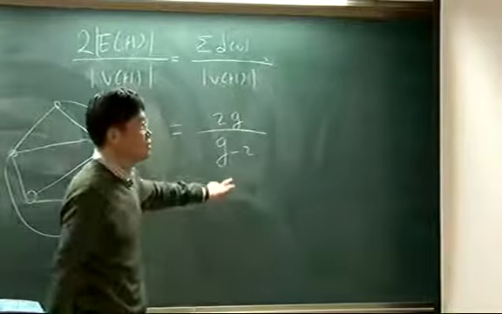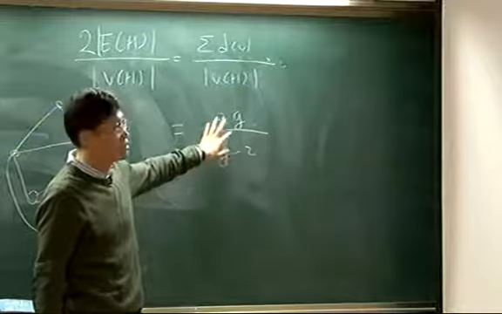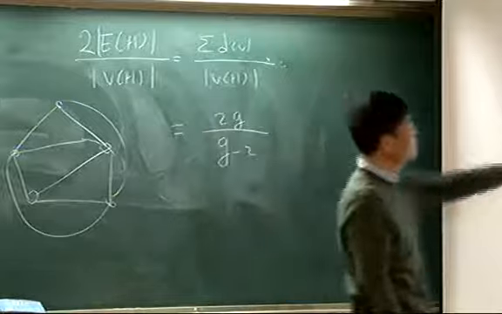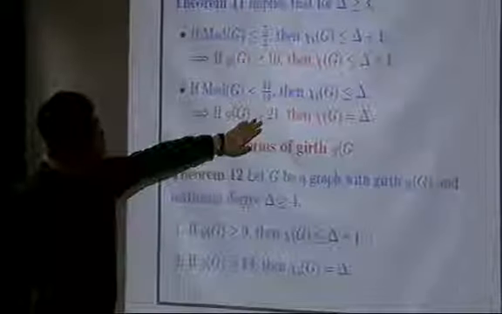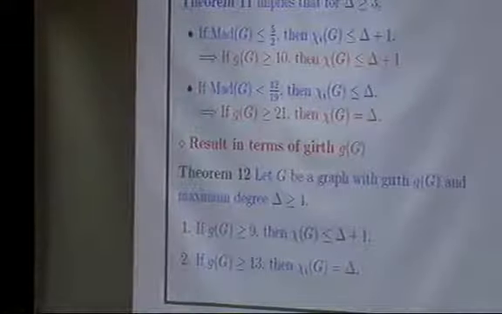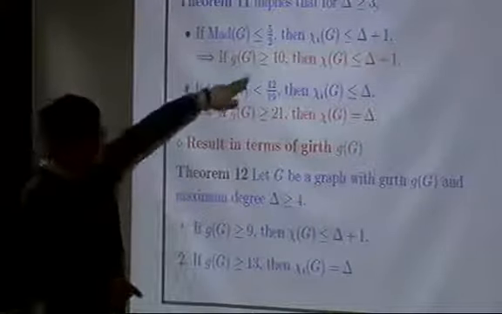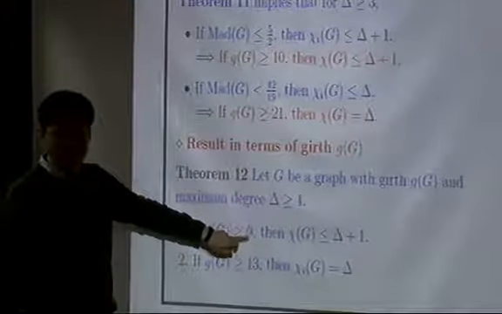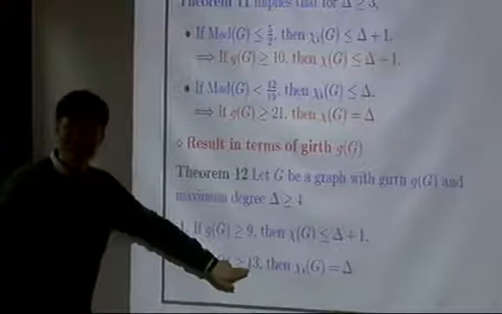It's just plug in girth 10 here, then it's 5/2. And if the maximum average degree result is like this, then we can say girth is at least 21. But if we just focus on girth, then we can reduce from 10 to 9. And also we can reduce a little more from 21 to 13.